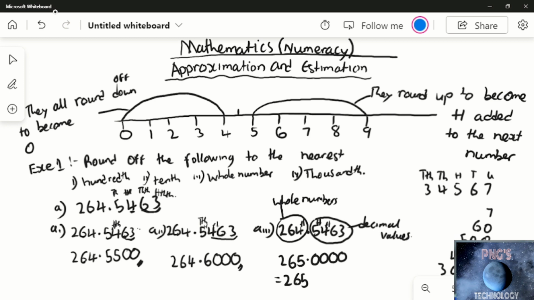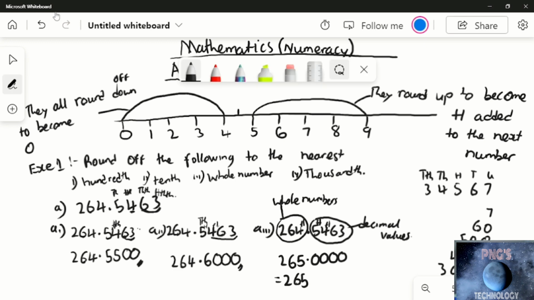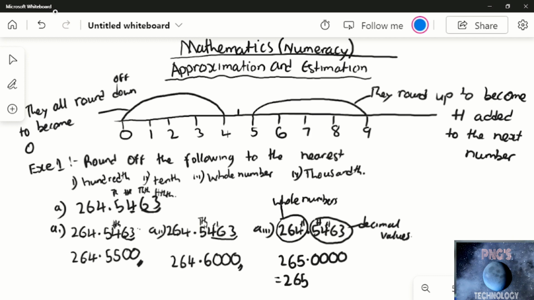Then let's take a last one right here. So A4.